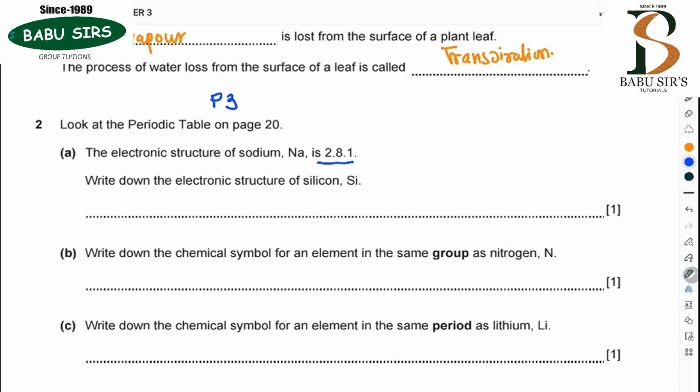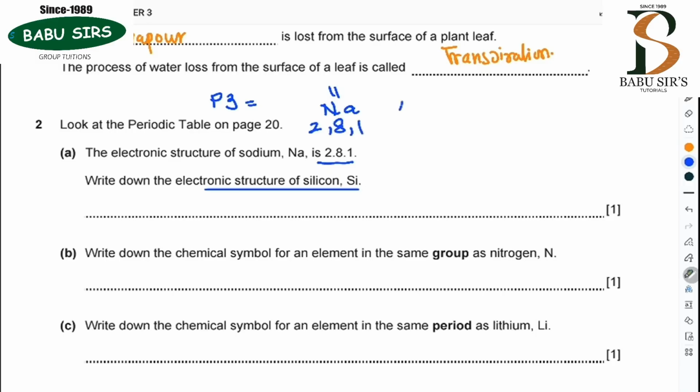Now why period number 3? Because silicon is in the same period, which is asked. Write down the structure of silicon. So silicon will be in period number 3 only. So we'll see period number 3. The first element will be Na, and it will have 11 electrons. Because it is having 11 electrons, the electronic configuration is 2,8,1.